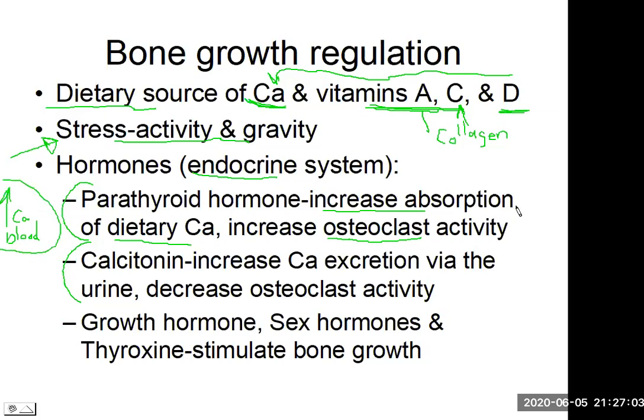So truly two different ways to increase blood calcium. The effect of parathyroid hormone. Calcitonin is now the opposite. So let's just write that. Calcitonin is going to decrease the concentrations of calcium that's in the blood.